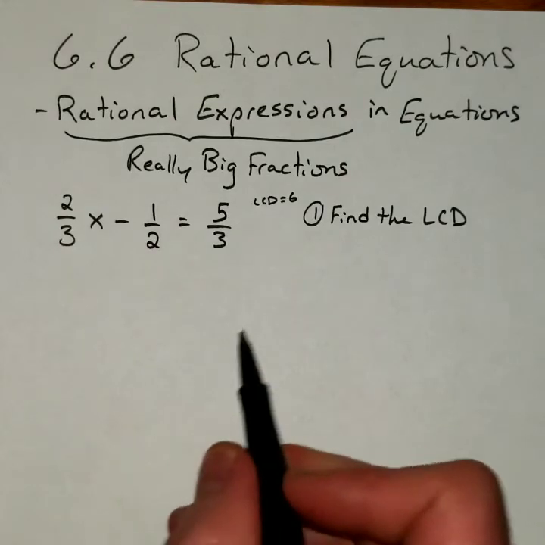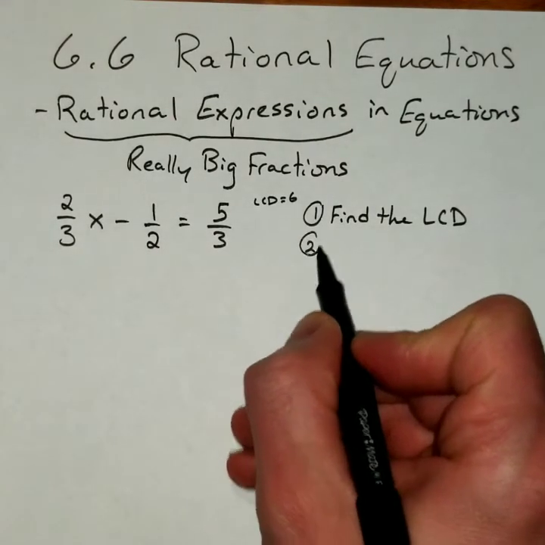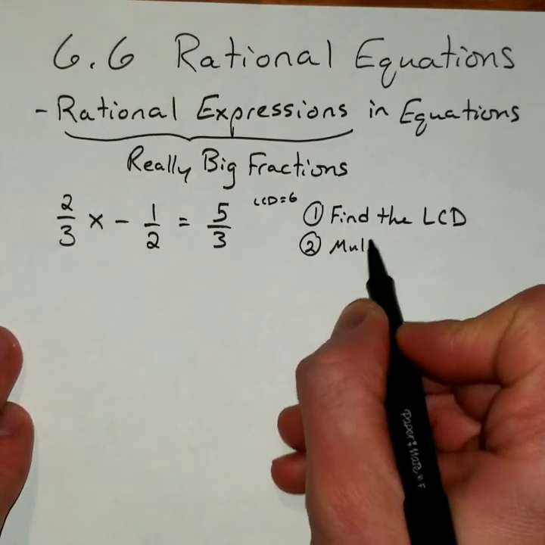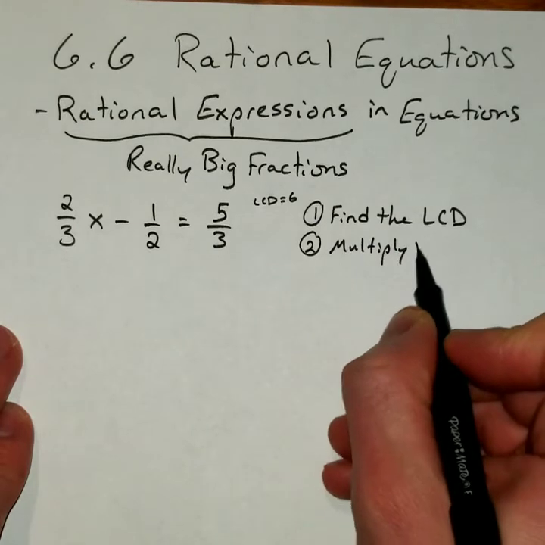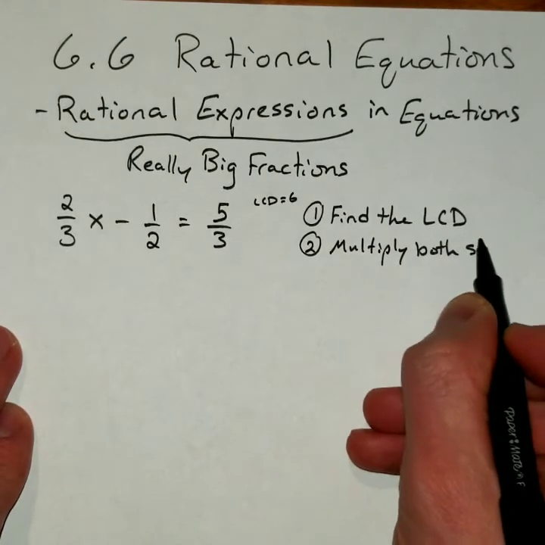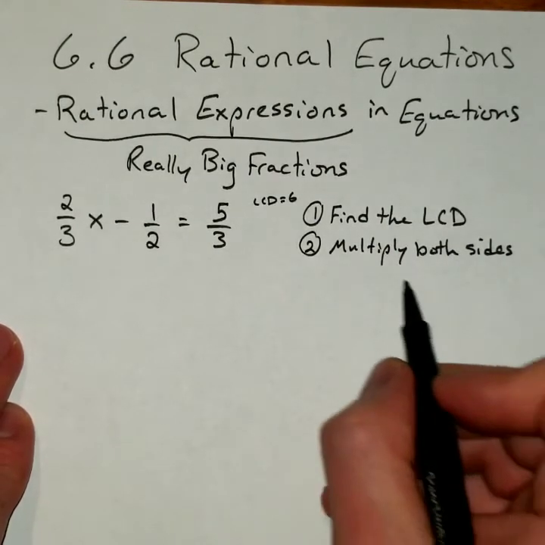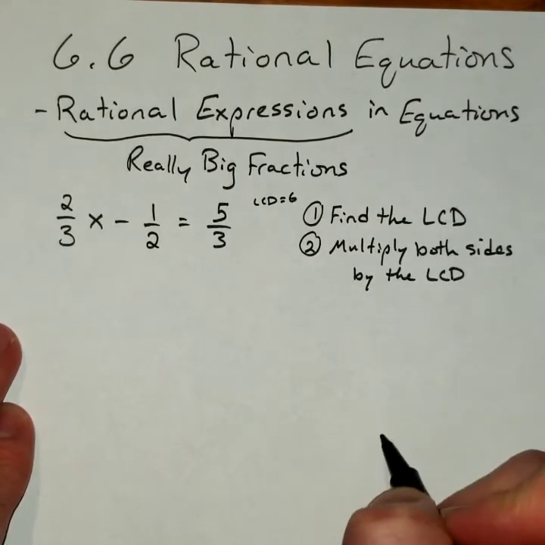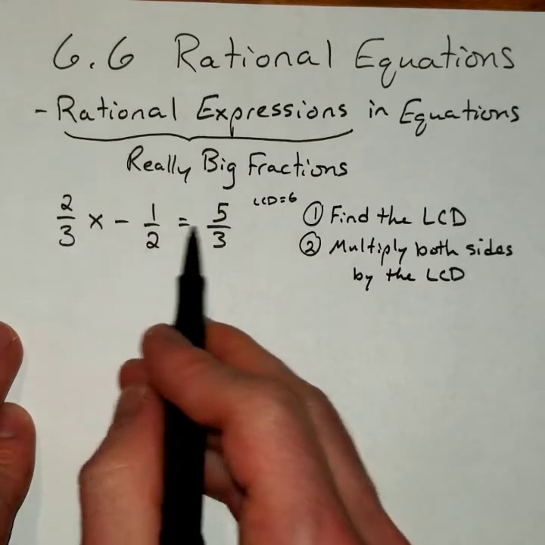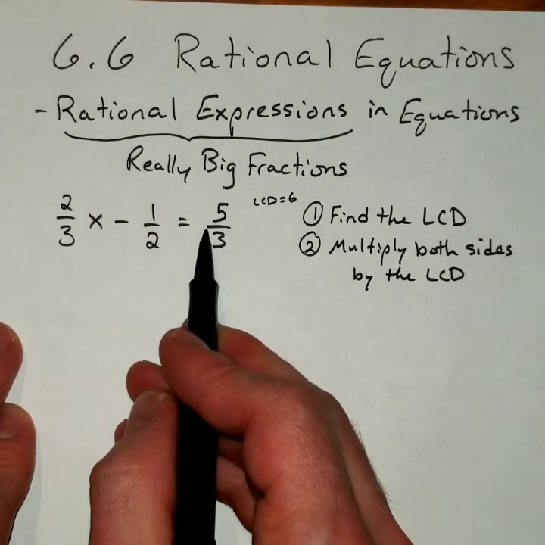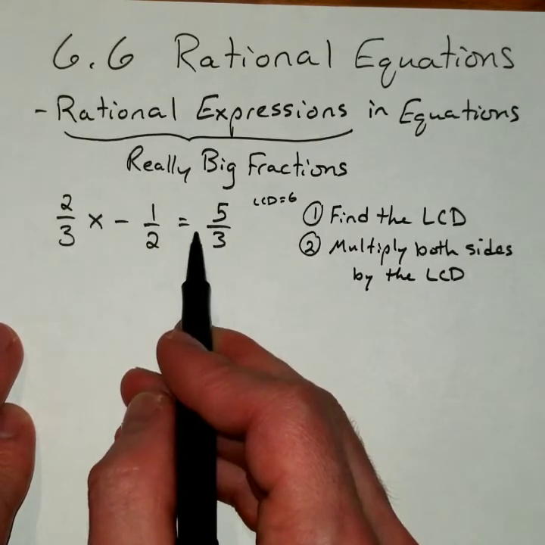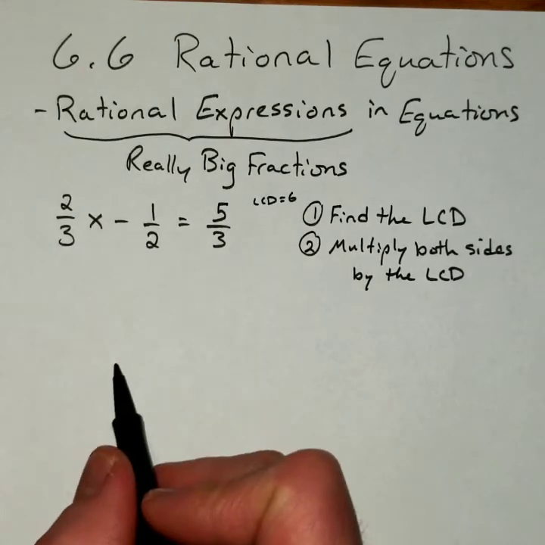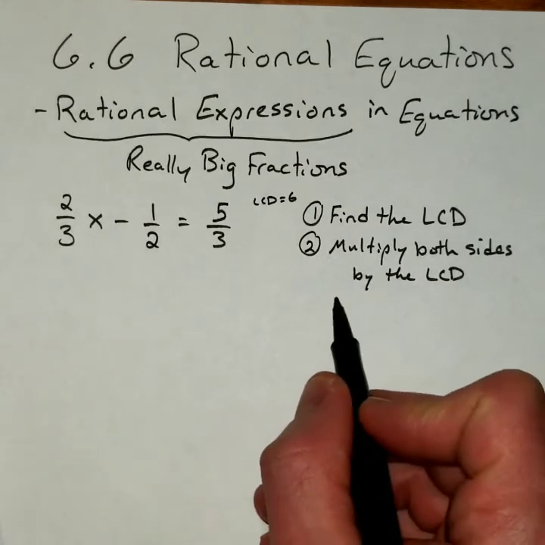So the second thing, once we found the LCD, is we multiply both sides by the LCD. And remember, when we multiply both sides of an equation by something, that thing will distribute to every term. So really we're just multiplying every term by that LCD.